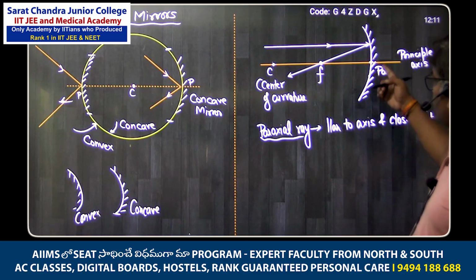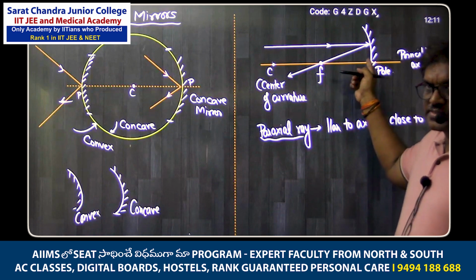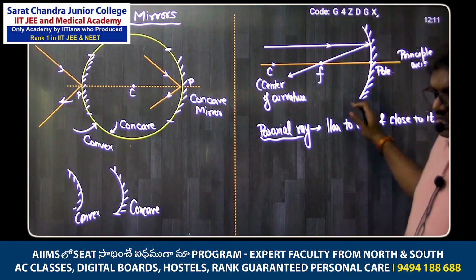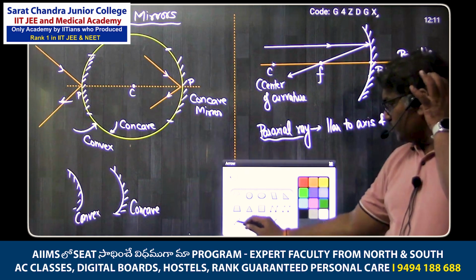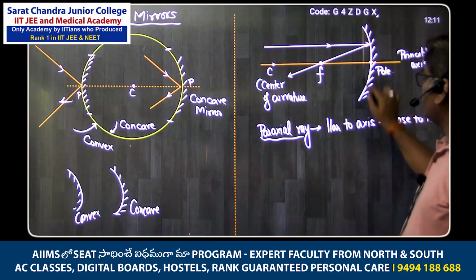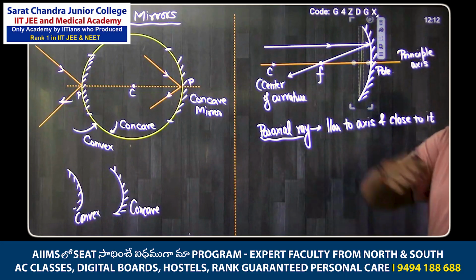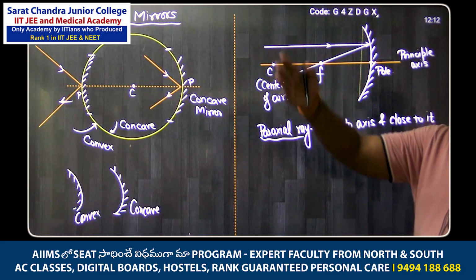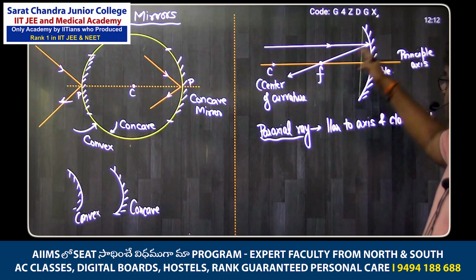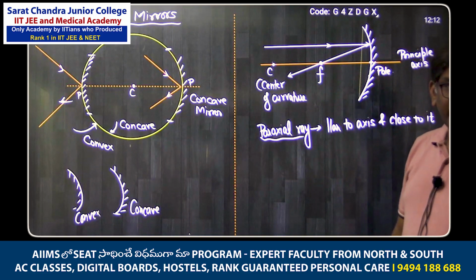So you now know about pole, focus, center of curvature, paraxial rays and principal axis. The effective distance of the mirror is called the aperture. The more surface there is, the larger the aperture. With more aperture, more rays will be reflected, which decides the intensity of the image.